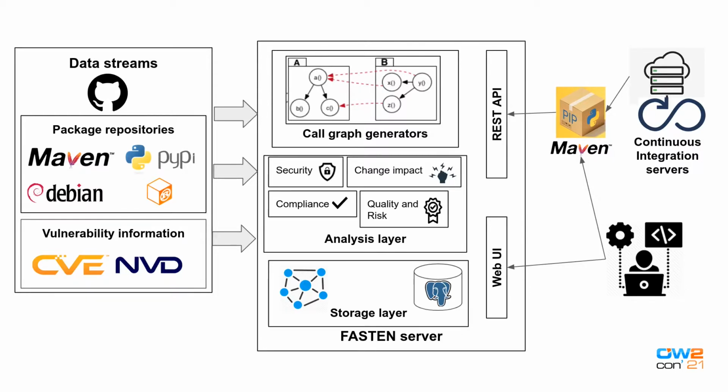And it will also analyze the source code to find out about licenses, for example, and to compute some quality metrics. And all that will be stored. FASTEN actually uses two different storages: one for the call graph, which is a graph database, and one for the metadata, which is a classic SQL database.